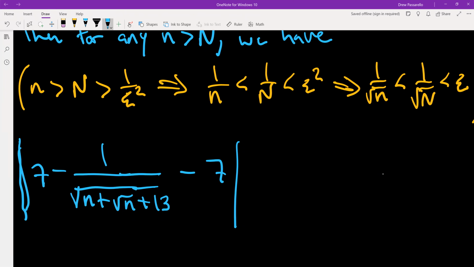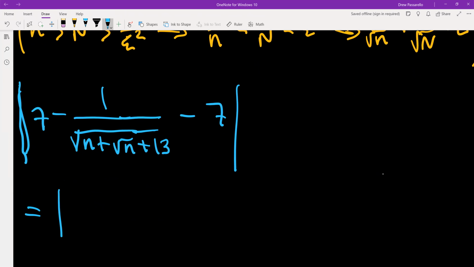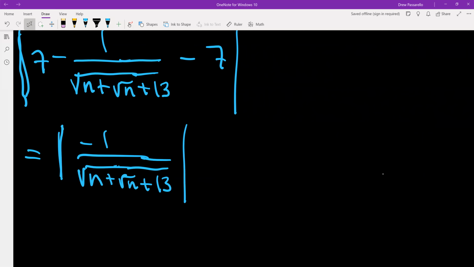The 7s subtract out, so that gives us negative 1 over the square root of n plus square root of n plus 13. Okay, so that's less than or equal to just positive 1 over all the same stuff.